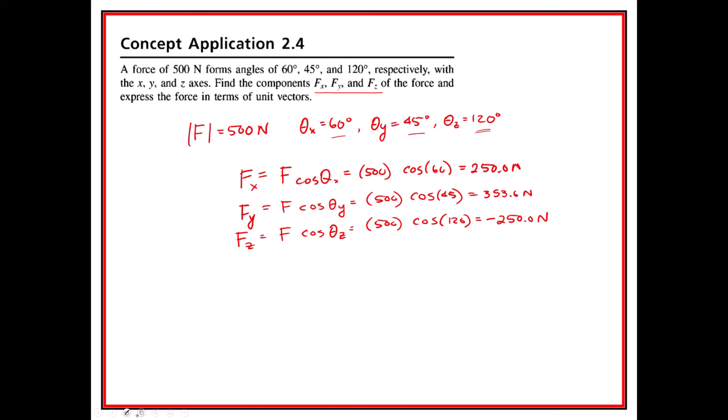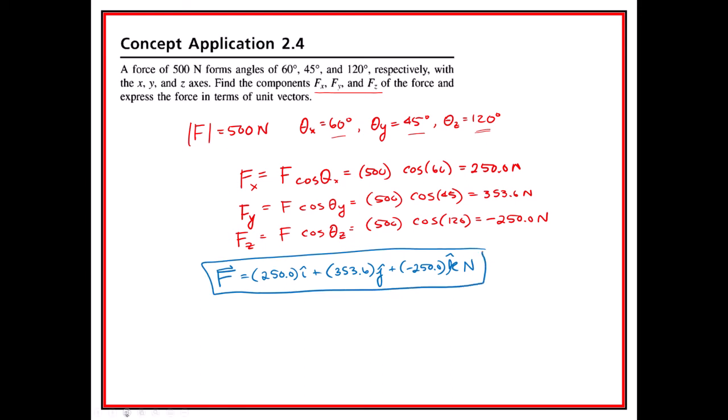So writing out the answer for this, and I don't think they did in the book, we would want to properly write out that it's 250.0 i plus 353.6 j plus negative 250.0 k, and then call it newtons.